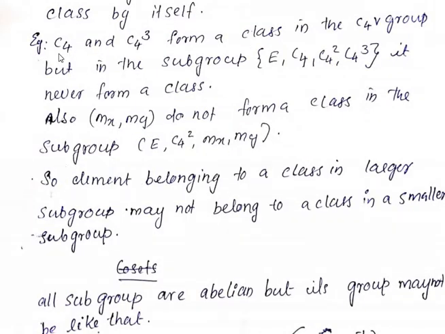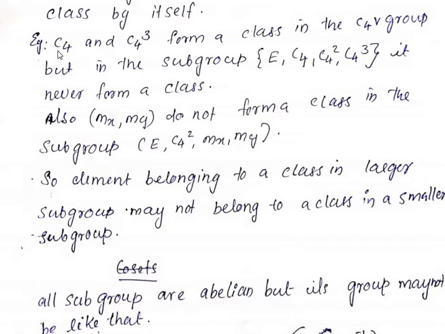For example, in the case of a C4V group, E, C4, C4 square, C4 cube form a subgroup. So here E itself forms a class, C4 itself forms a class, C4 square itself forms a class, and C4 cube also forms a class by itself.